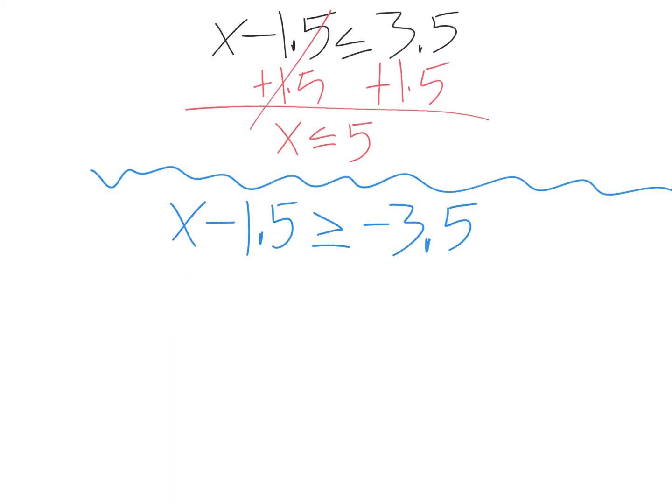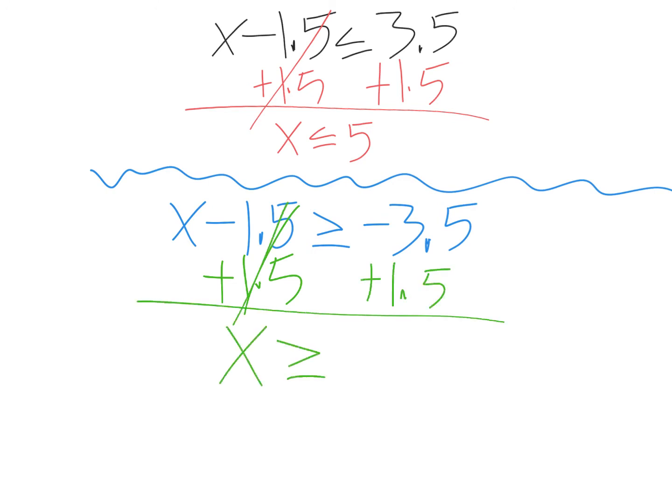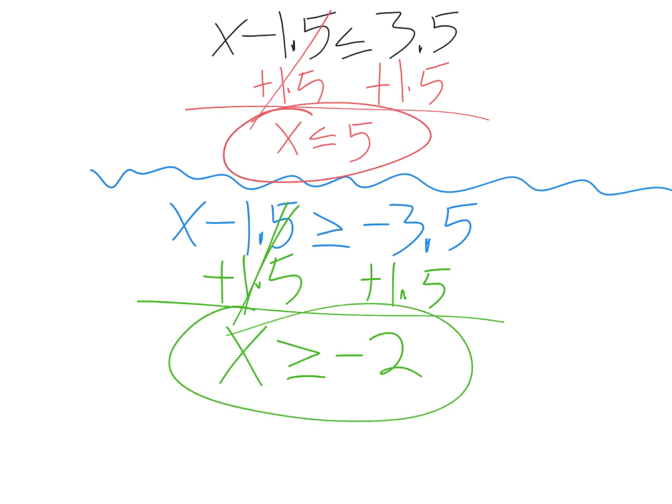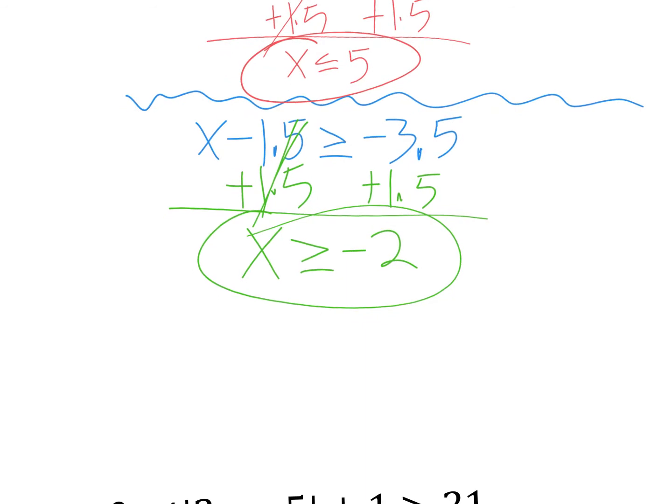Okay? So I can take the same step I did before, which was add 1.5 to the other side, and I get x is greater than or equal to negative 3.5 plus 1.5, which is negative 2. So here I have my two answers: x is less than or equal to 5, and x is greater than or equal to negative 2. The final answer will make more sense when you plot it on a number line graph.